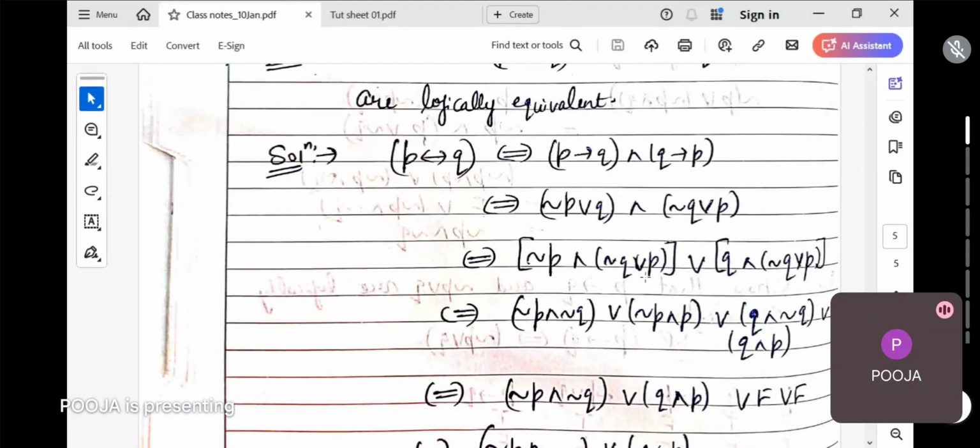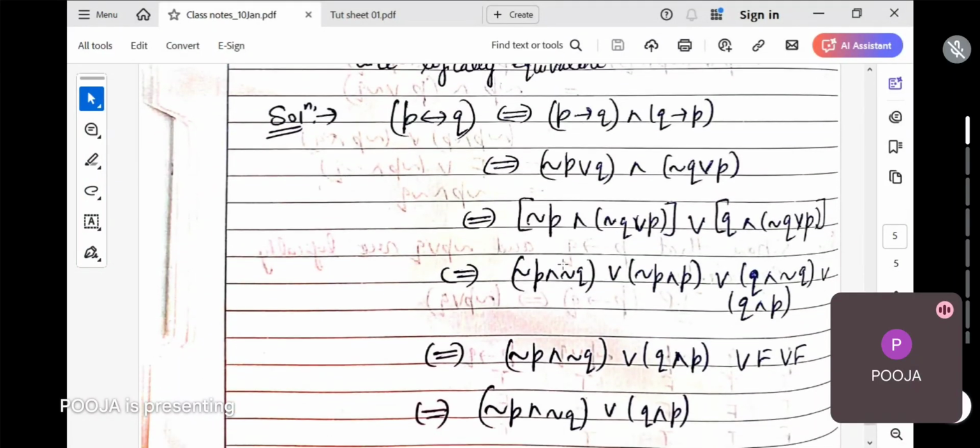Again apply the distributive law on these single brackets. So negation P and negation Q, negation P and P. In between these two you will get join. Then Q and negation Q, join Q and P. Negation Q, P and negation Q will remain the same. Negation P and P will be a fallacy. Q and negation Q will be a fallacy.